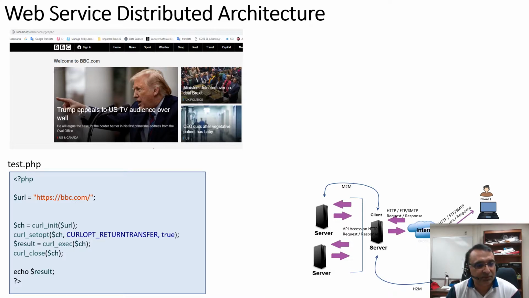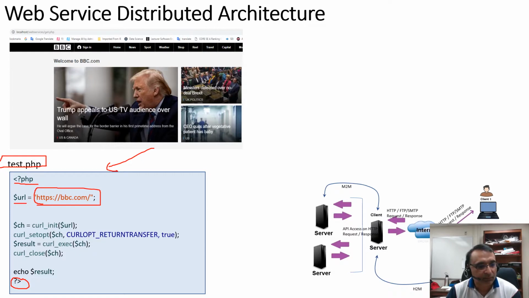Very simple web service is like this. Let's say you create a test.php. Okay, so you have a PHP tag starts here, tag ends here. Type this: bbc.com and put it in a $url variable.